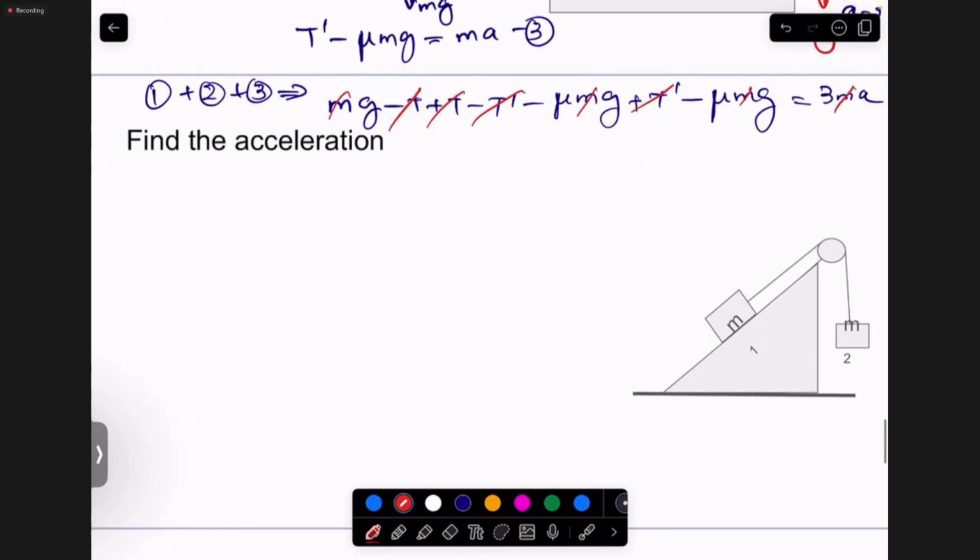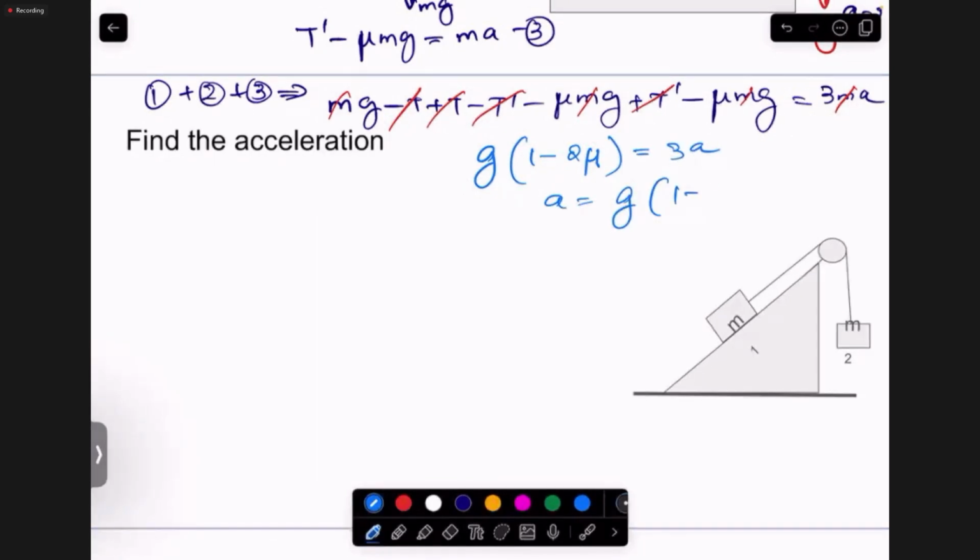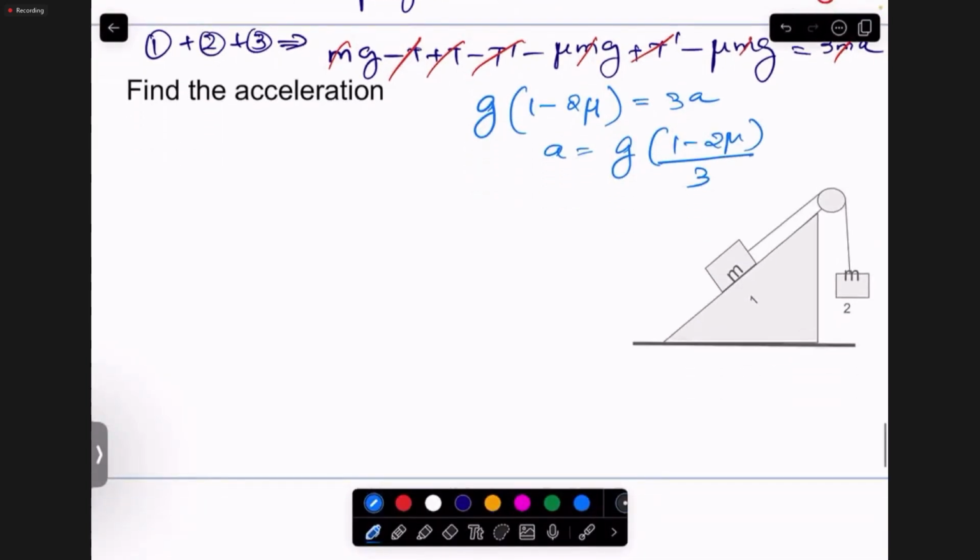Now you'll be getting g times 1 minus 2 mu equal to 3a. So a equal to g times (1 minus 2 mu) by 3. That is the acceleration.